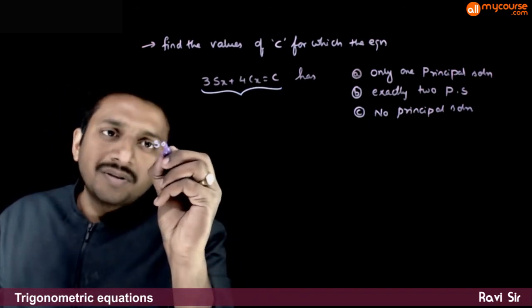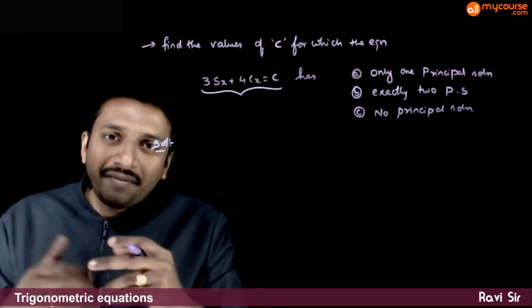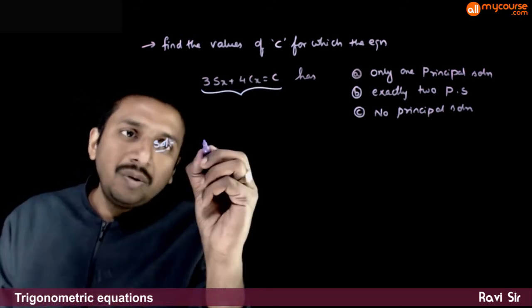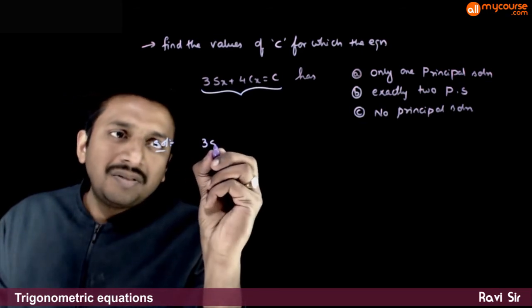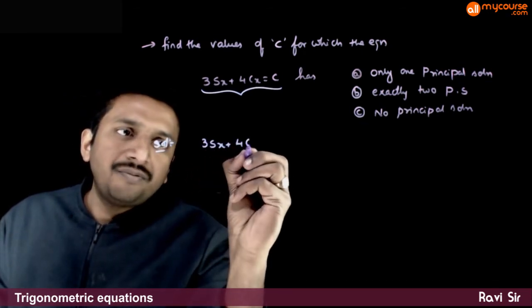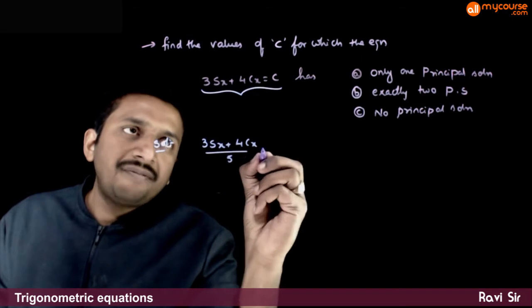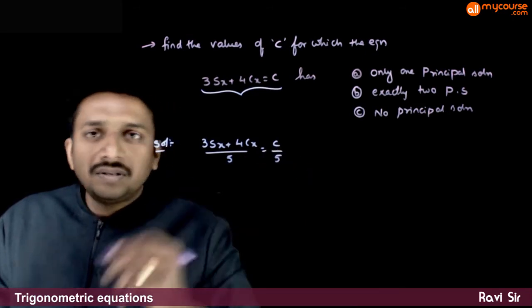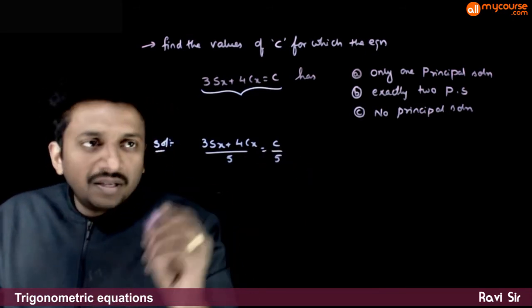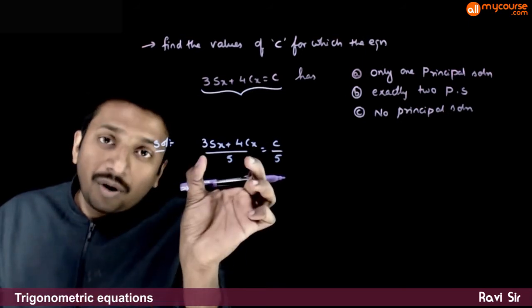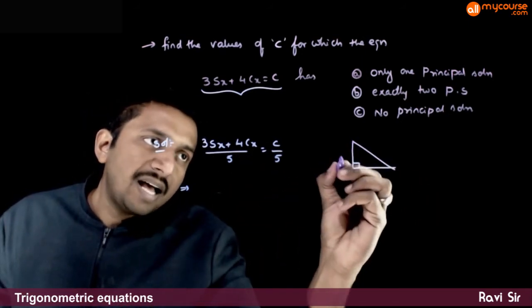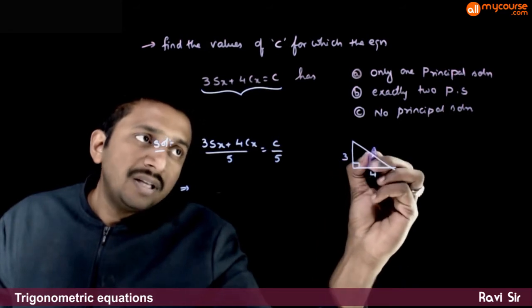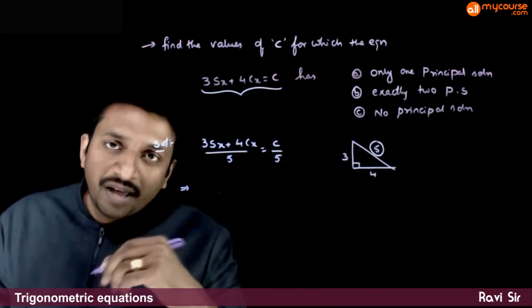So how do we do this? We do the same process as we have done before. So what I first do is I'll try to convert this side into a single trigonometric ratio. So 3 sin x plus 4 cos x by 5 is equal to c by 5. So if I draw a triangle whose right angled sides are 3 and 4, the hypotenuse automatically becomes 5.